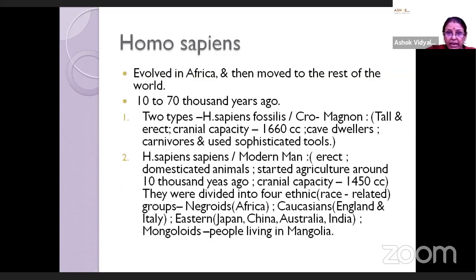They were found in England and Italy. The third type were Eastern type, and Eastern type were found in Japan, China, Australia, and India. Then Mongolites, the people living in Mongolia. So these are the four different ethnic groups in which Homo sapiens sapiens were classified.